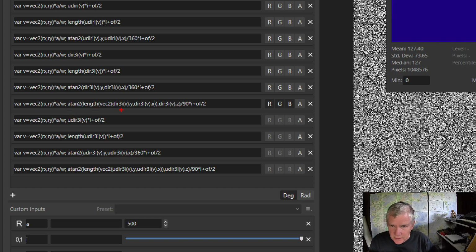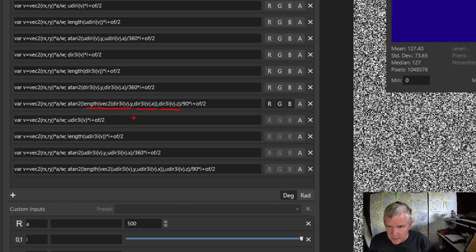So if I look at this, I've got the length of a 2-element vector, and I put in dir3i of v dot y and dir3i of v dot x into that 2-element vector, took the length of it, and then for the second element of this arctangent, I gave it dir3i of v dot z.